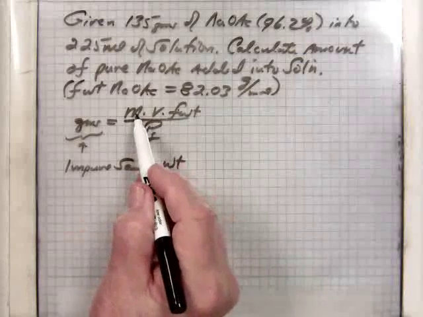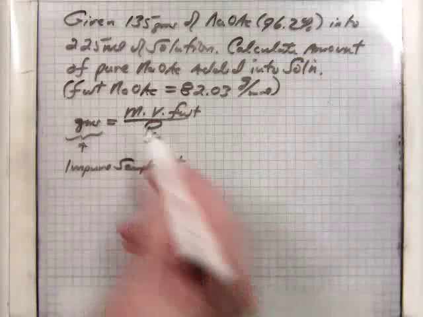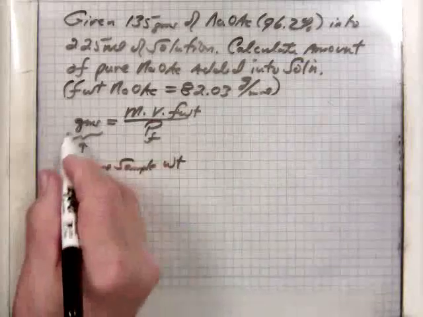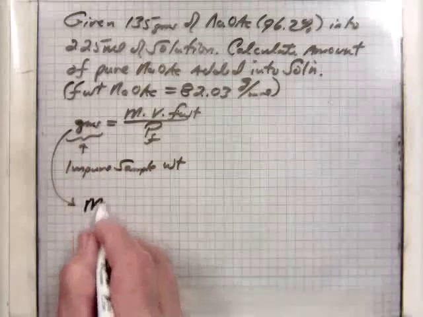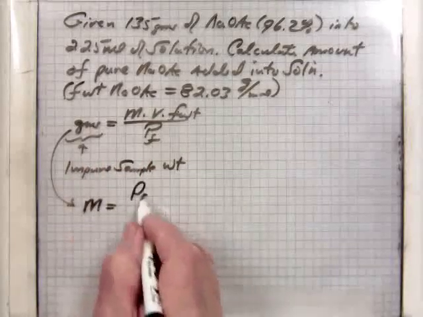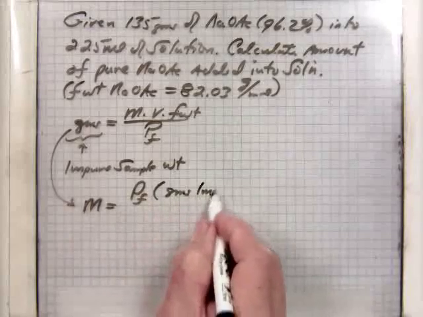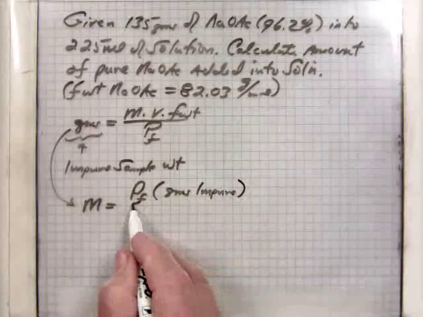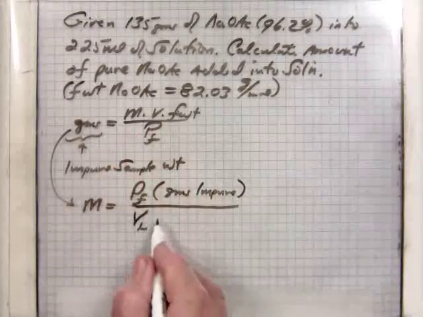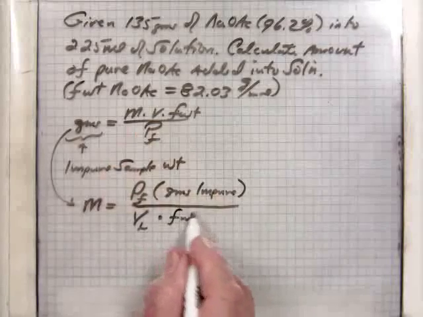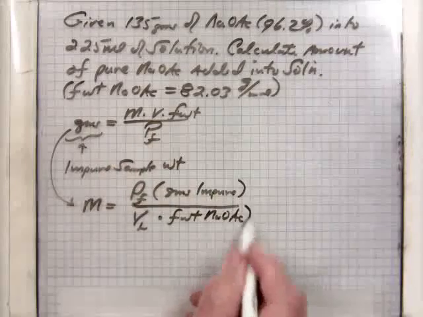So what we need to do is solve this for the molarity, which is your purity factor times the grams of impure sample divided by the volume of solution in liters times the formula weight of the sodium acetate.